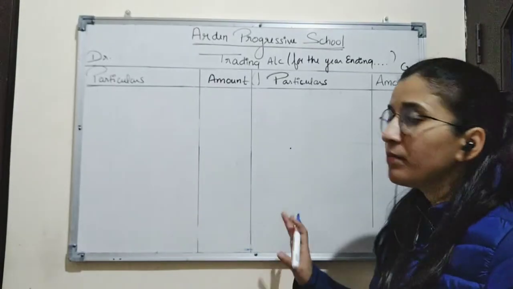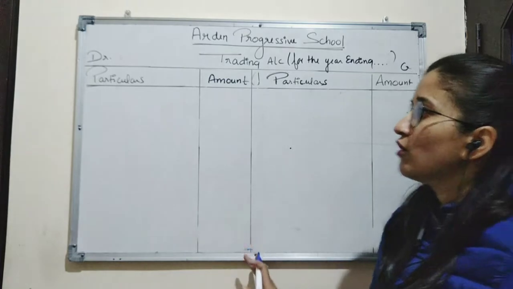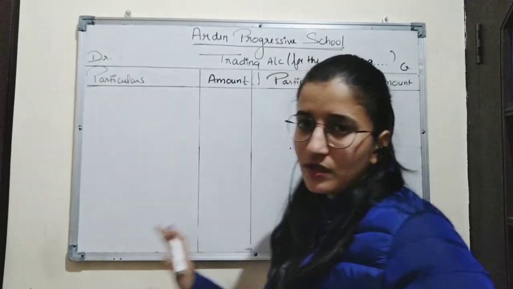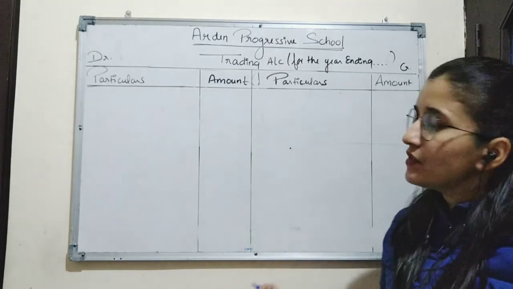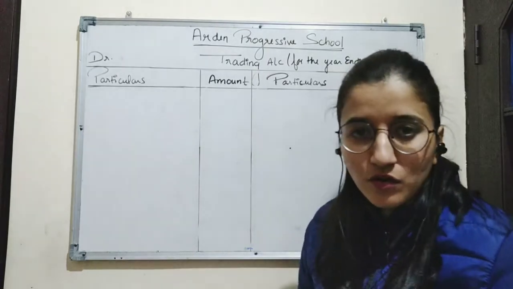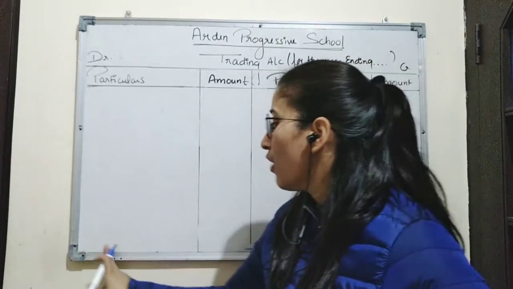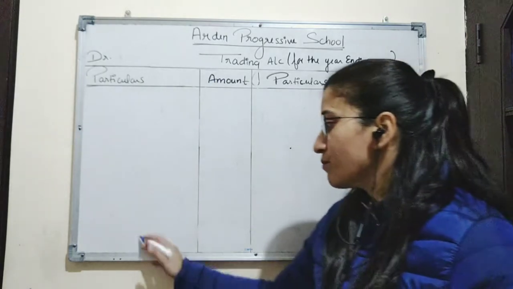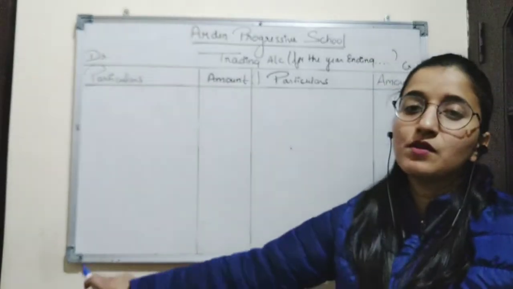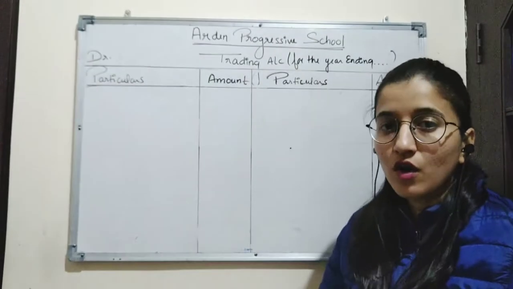Now we will prepare P&L account, which is known as profit and loss account. The format for preparing P&L account is the same. We'll continue it with the trading account only. As we know, we have already calculated the amount of gross profit in preparing trading account. Now we will carry forward this amount on the credit side of P&L account, because profit is an income and income is always recorded on the credit side according to the rule of nominal account.